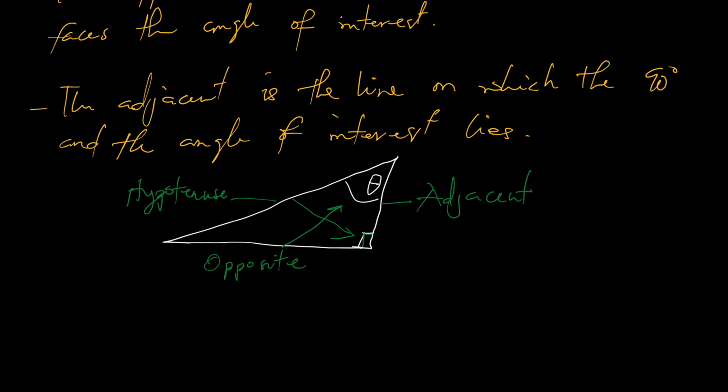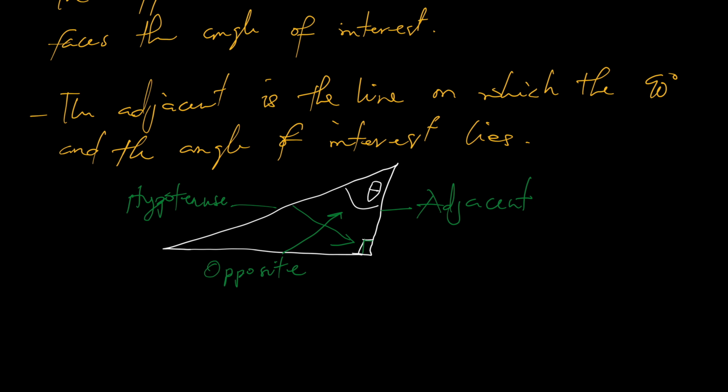Now we all know what a right angle triangle is, and we know all the sides of a right angle triangle. This brings us to our next topic, which is the basic trig functions.